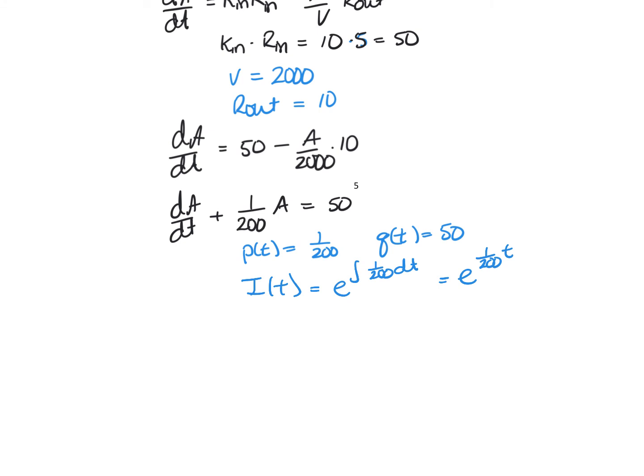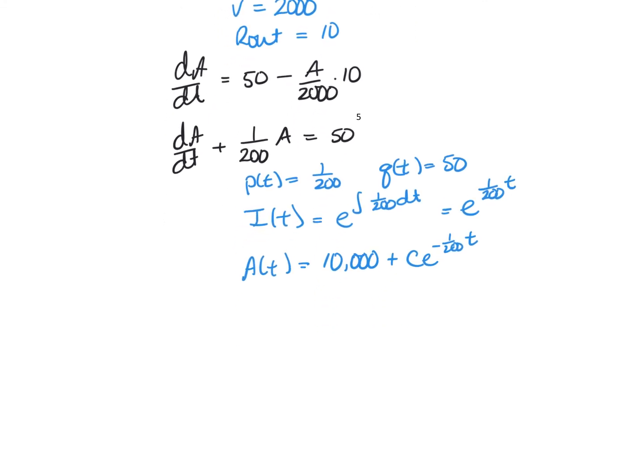Doing my usual solving, A(t) is going to be equal to 10,000 plus C e raised to the negative 1/200 t. Using my initial condition, which is A(0) equals 0, I'll be able to solve for C, and I get C equal to negative 10,000.